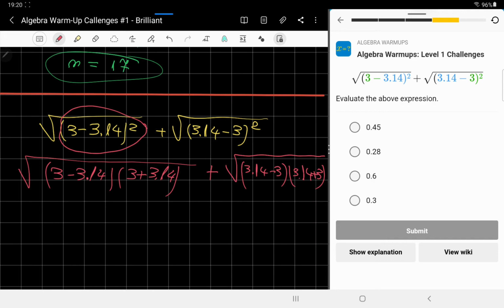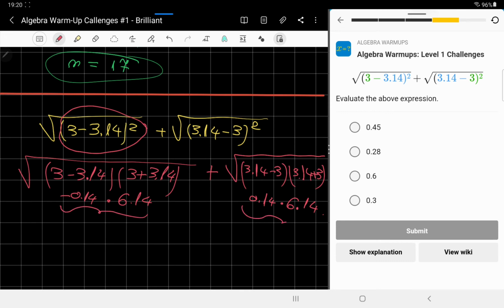Okay. If we calculate this, this is minus 0.14 times 6.14. And in this case, 0.14 times 6.14.